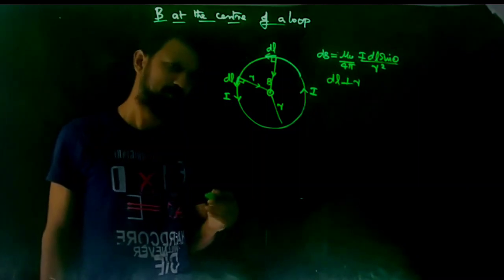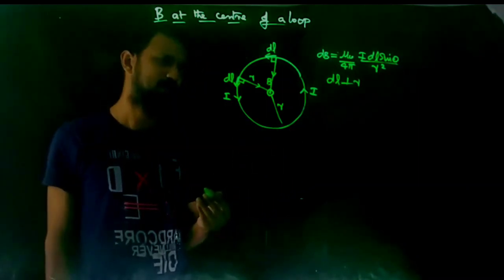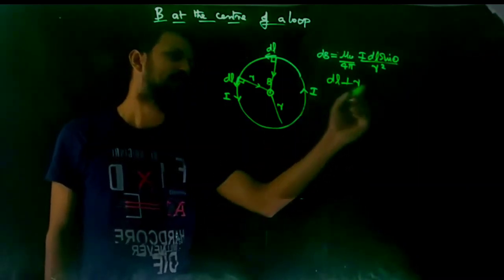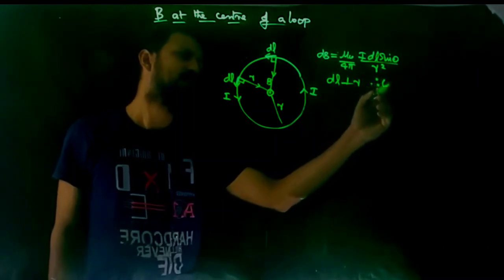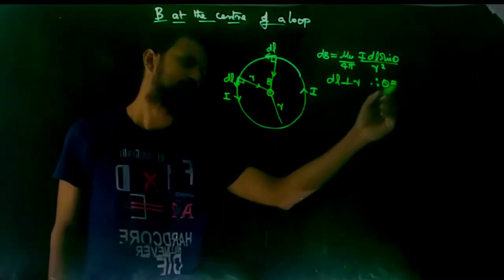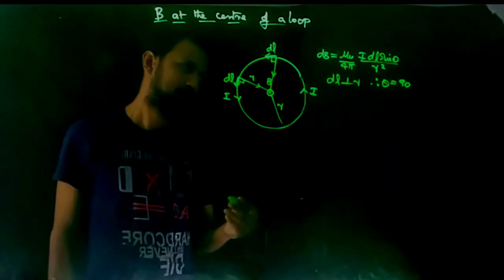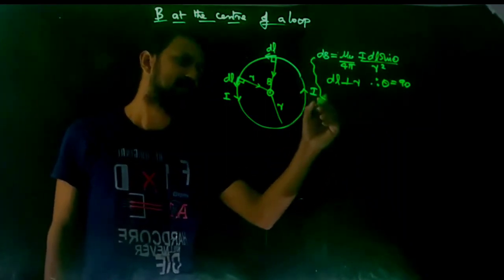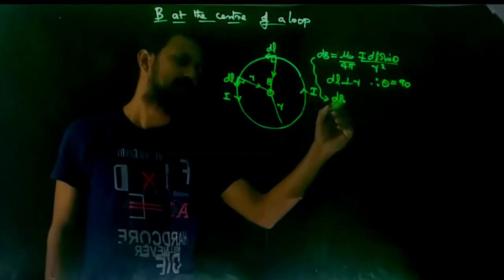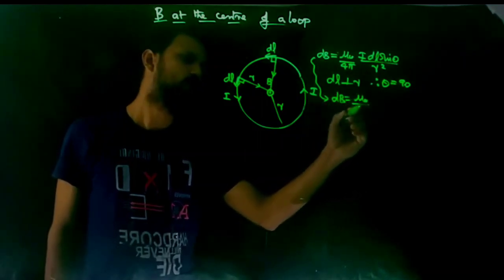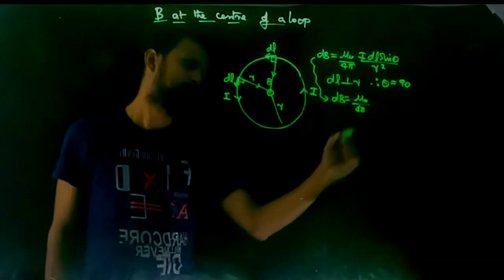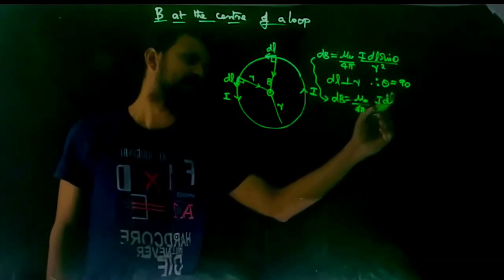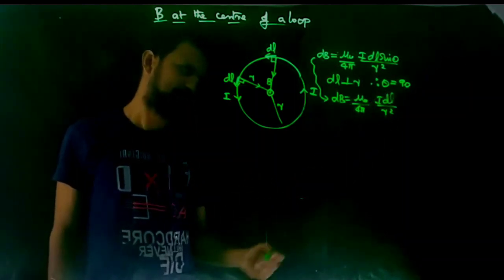If dl is perpendicular to r, the theta value will be 90 degrees. As you know, sin 90 is 1. We can rewrite this equation for dB as mu 0 by 4 pi I dl by r square, since sin 90 is 1.